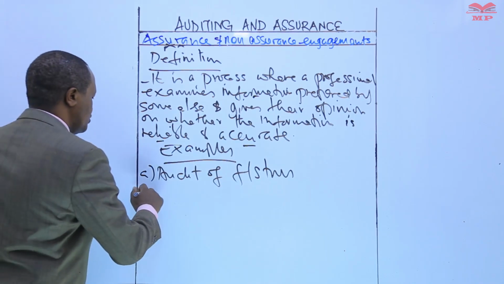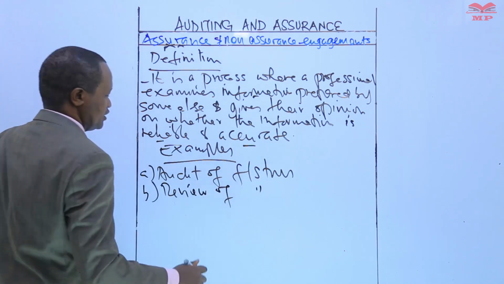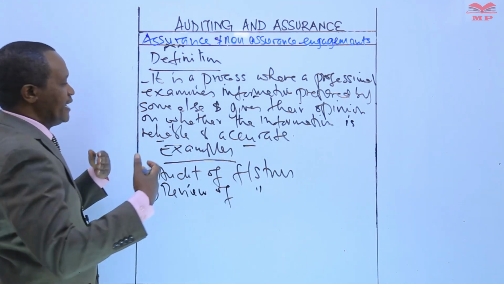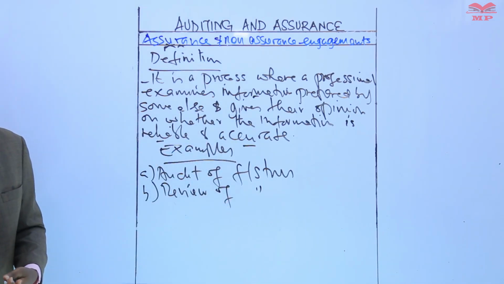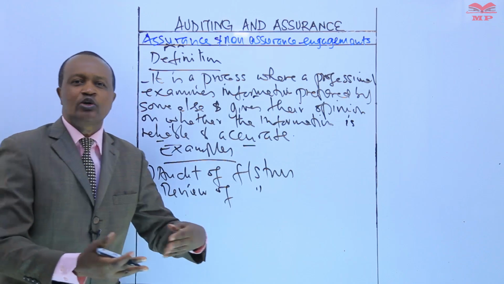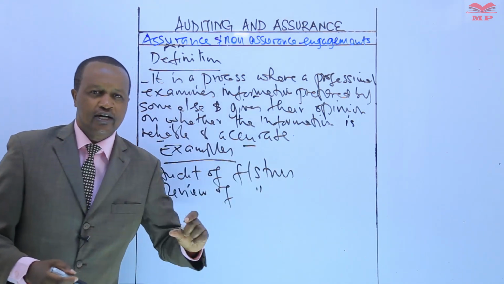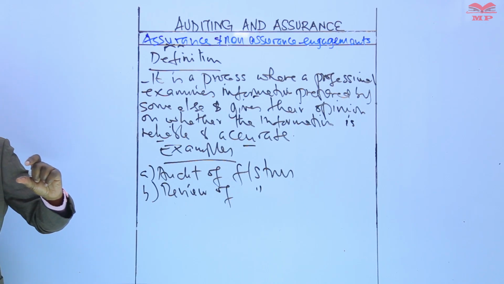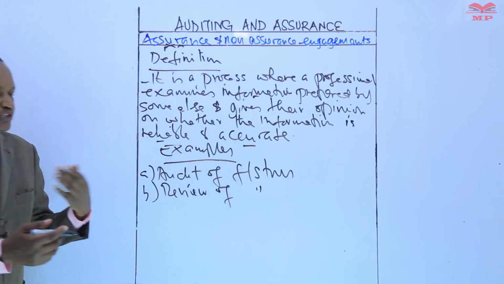There is also a review of financial statements. That is also an example of an assurance engagement. But a review is a less comprehensive engagement than an audit, where the auditor provides limited assurance on the financial statements.